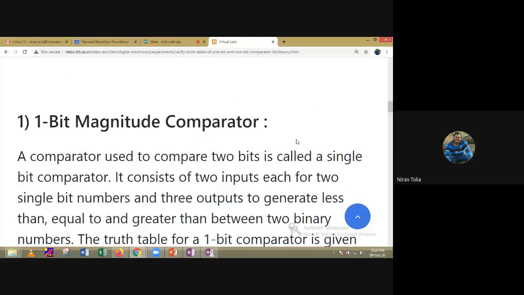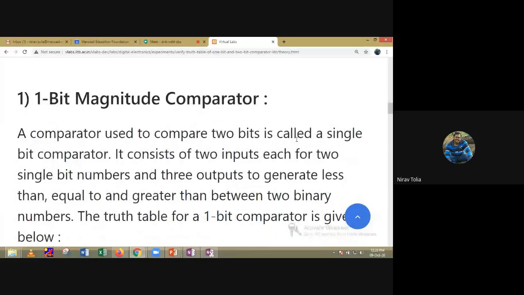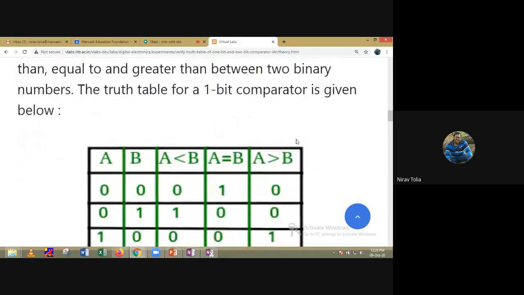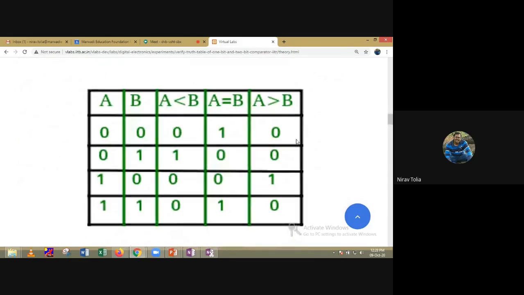Again, one-bit comparator is used to compare two bits. It consists of two inputs and three outputs: less than, equal to, and greater than. This is the truth table which we already saw.